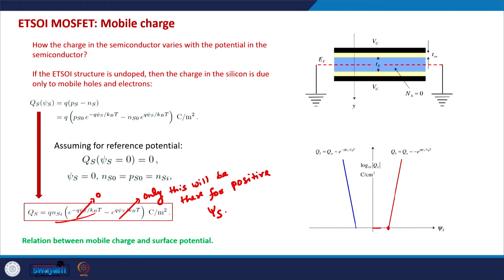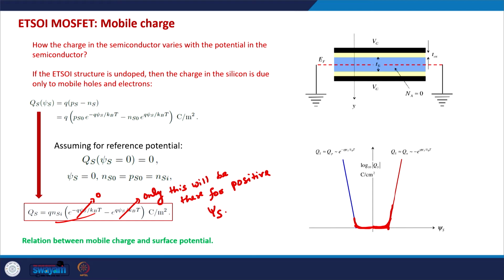Below this psi s, the value is extremely small so it is not shown here, but it should be something like this. Similarly, on the negative side, the second term will be 0 and only the first term would be there, and it will be almost the same kind of plot. So this will be the charge versus semiconductor potential relationship in the case of the DG-ETSOI MOSFET.